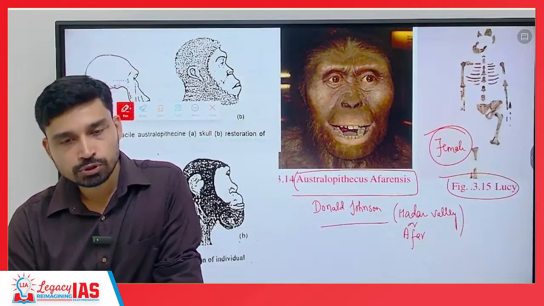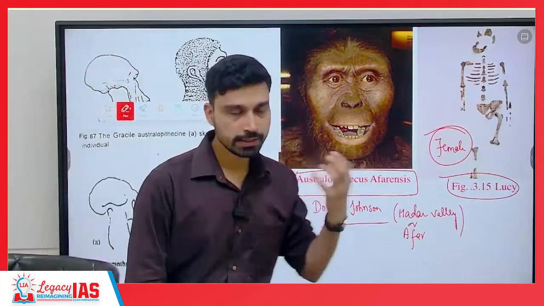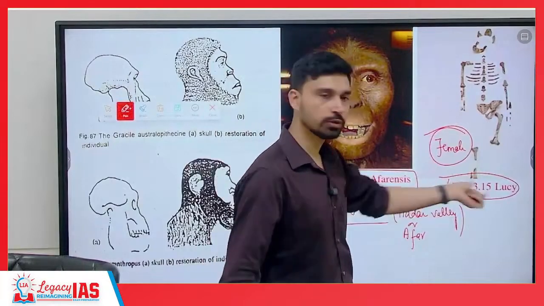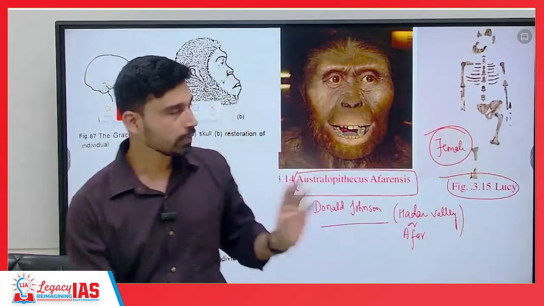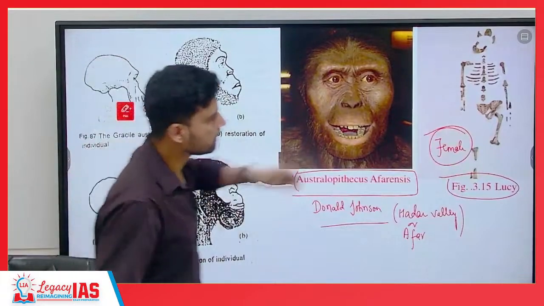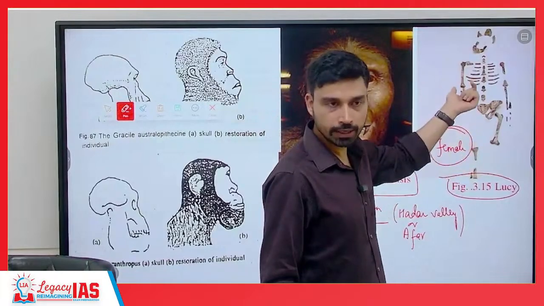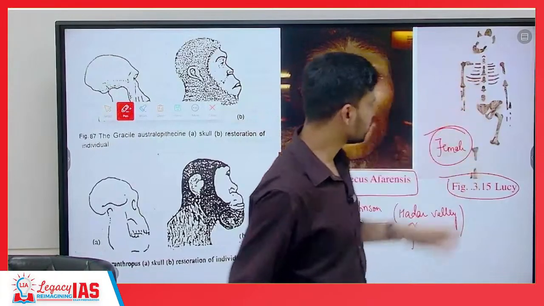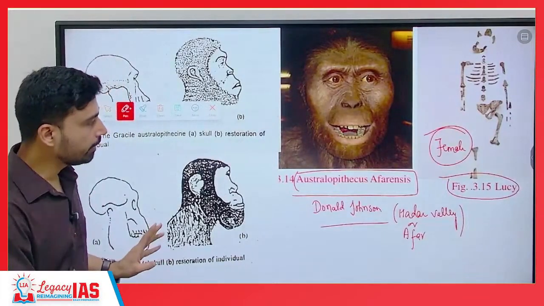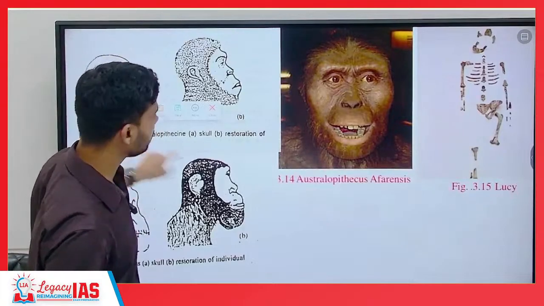The name Lucy came because when they discovered this fossil, Donald Johnson was listening to the music of Beatles, and the Beatles have a very popular song where Lucy is the word. So that is why he named it as Lucy. You can see these are the fragments of bones of the fossils that they have found there. So this is the Lucy. Two major fossils: one is the Africanus, other is the afarensis that have been discovered.